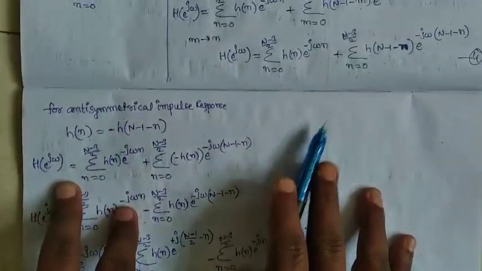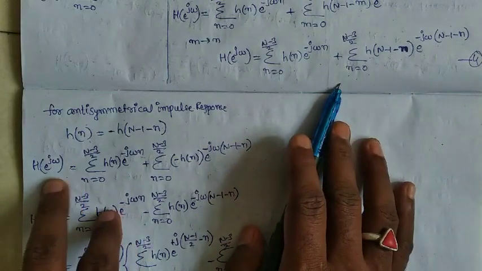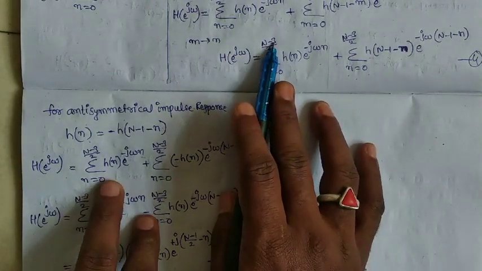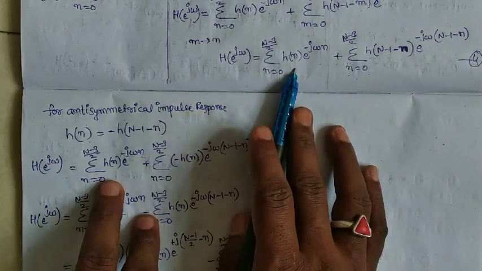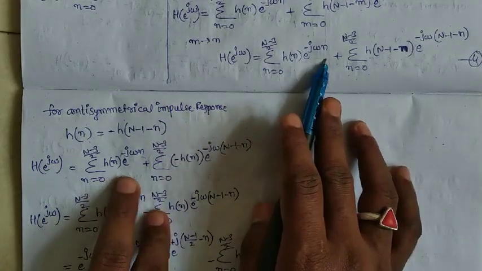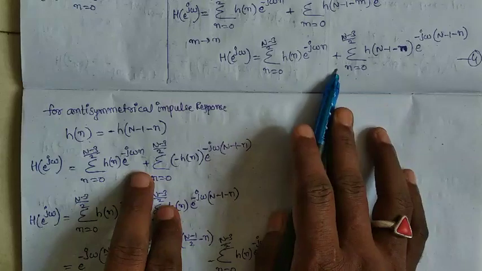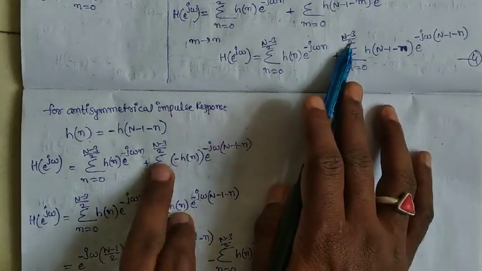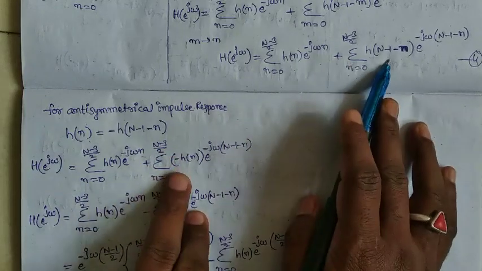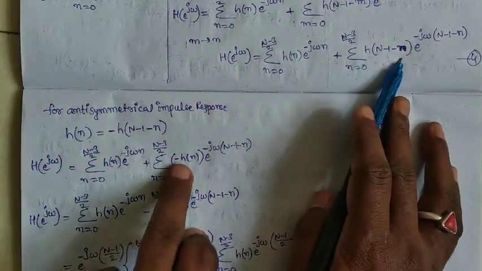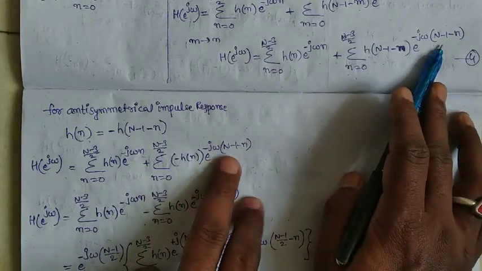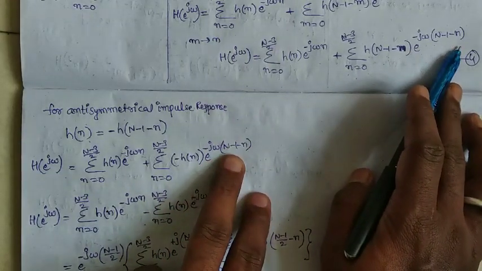h of e power j omega is equal to, the first term is the same, summation n is equal to 0 to capital N minus 3 by 2 h of n e power minus j omega n, plus summation n is equal to 0 to capital N minus 3 by 2 of minus h of n into e power minus j omega of capital N minus 1 minus n.